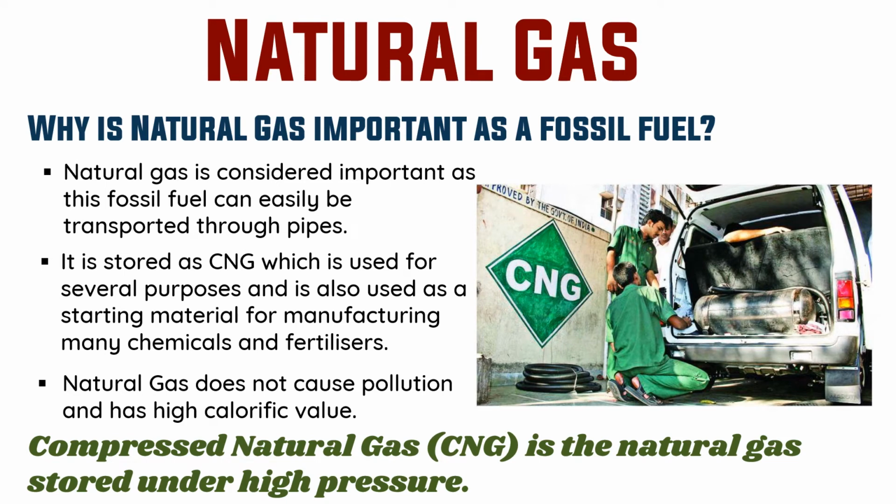Natural gas is considered a fossil fuel. Over millions of years, in the absence of air, under high temperature and high pressure, the dead organisms converted into natural gas. In your textbook, page number 59, you can see the picture of petroleum and natural gas deposits.